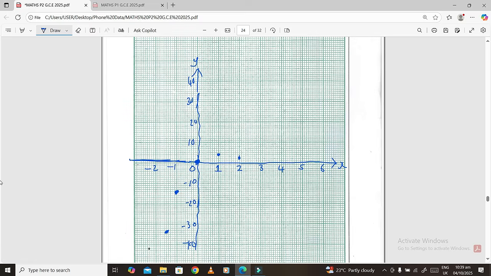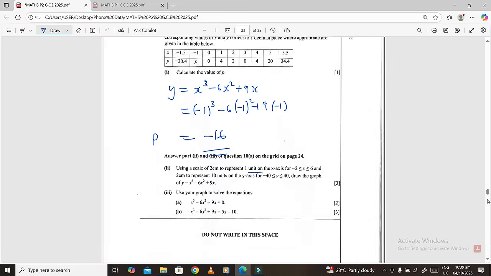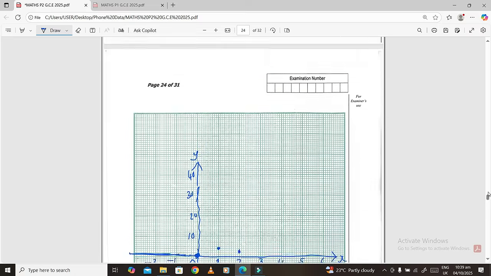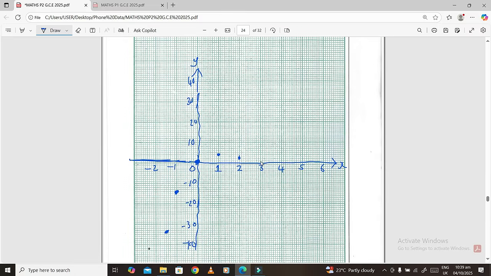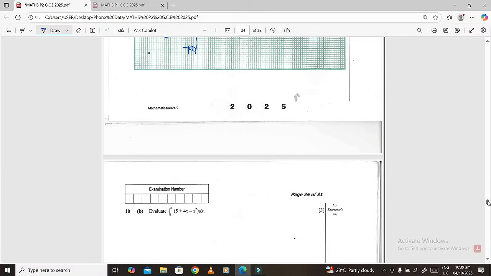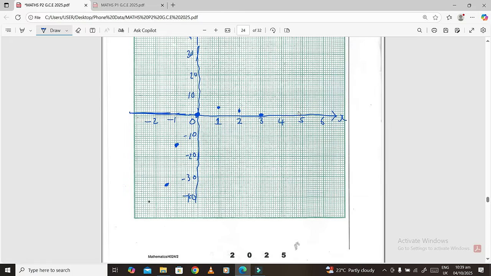The next one is (3, 0), it's here. And then the next one says (4, 4). So 4, 4 is supposed to be somewhere here.